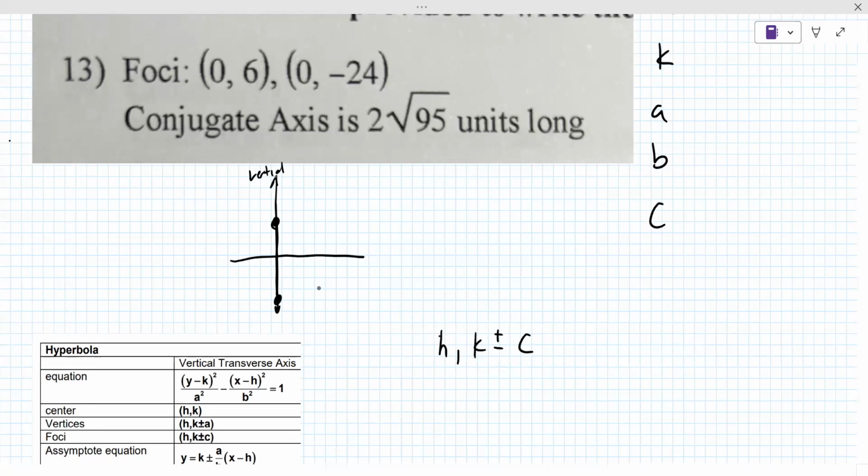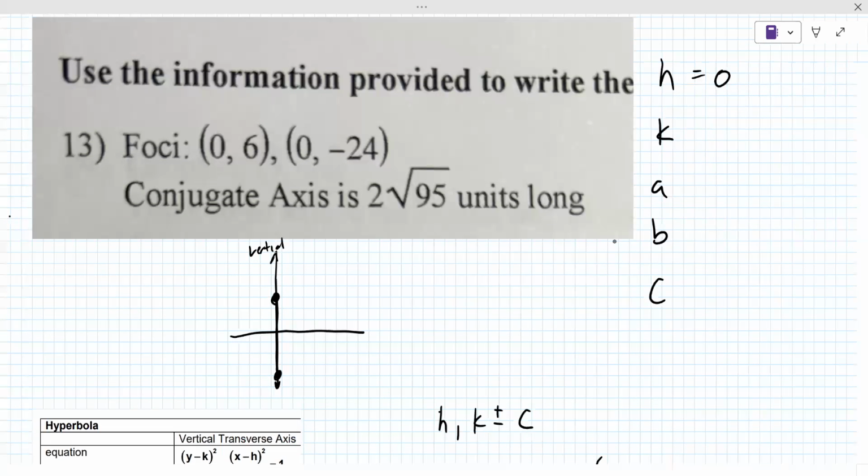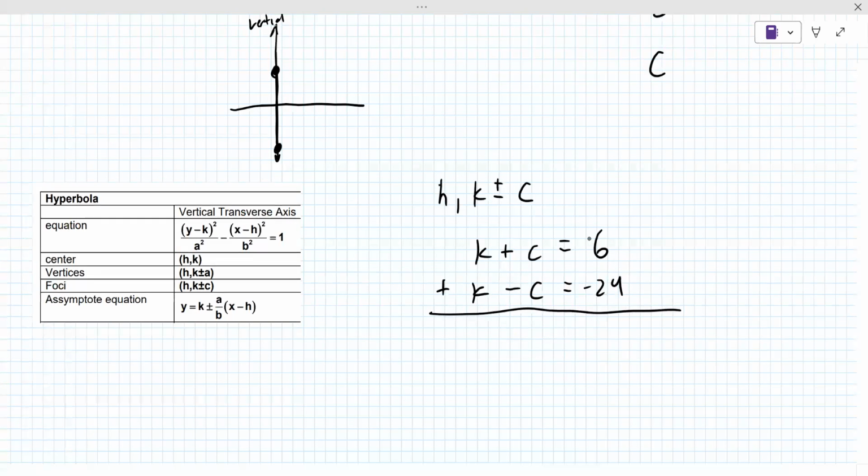In your problem, they're telling you that K plus C is 6 and K minus C is -24. We know the value of H. H is the same in both. H is 0. To find K and C, you have to add the equations together and divide by 2.